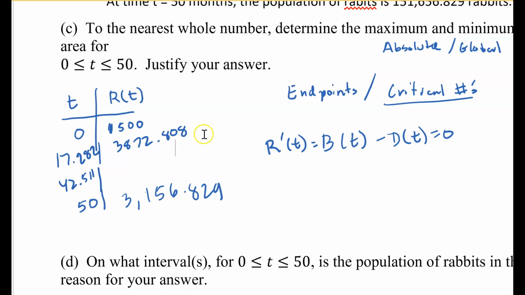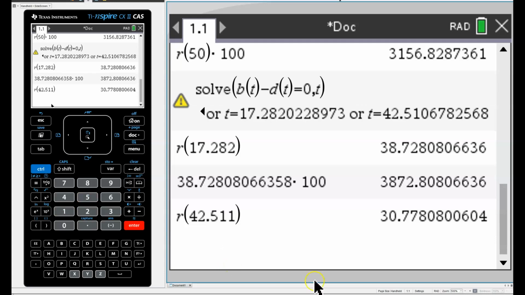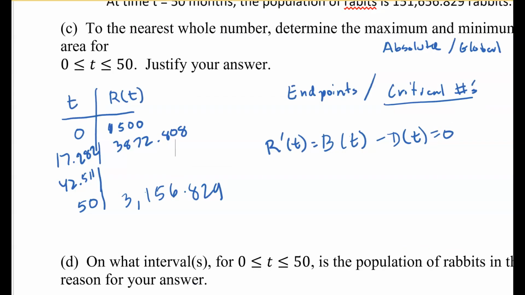And then R of 42.511, and that's times 100. 3,077.808. Okay, so which of these is the max? Which of these is the minimum?